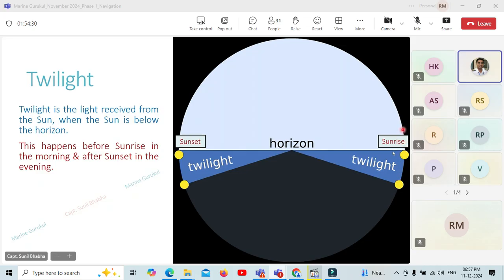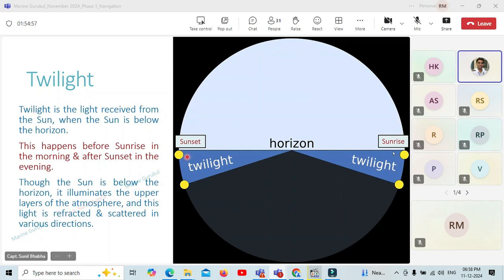And when the sun goes to the western horizon, you can see in the diagram, the sun sets at this particular instant, and after setting we keep on receiving the light which is called twilight when the sun is in this dark blue color sector. So in this particular sector we receive the twilight in the evening.